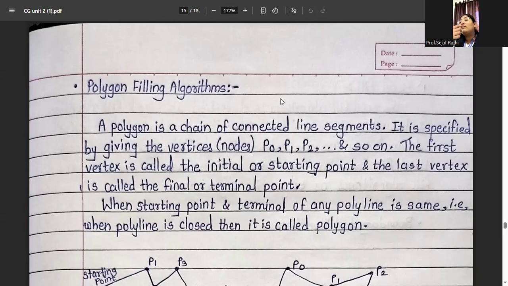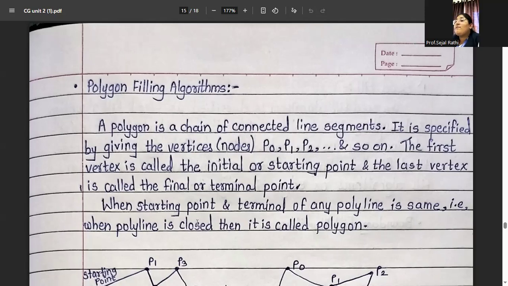So now we will study the polygon filling algorithm. A polygon is a chain of connected line segments, and it is specified by giving the vertices, that is P0, P1, P2, or else X0, X1, X2, and so on.